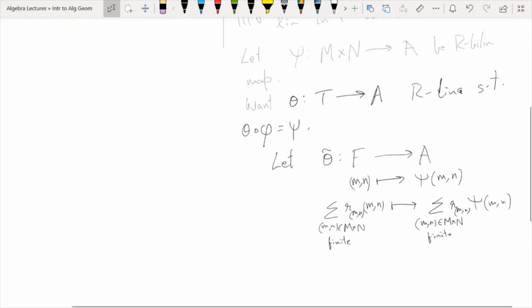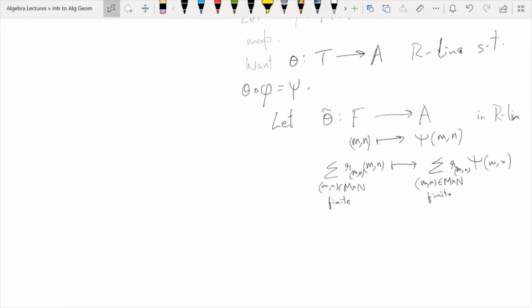So theta tilde is linear, but it's a map from F, not from T. Now note that C is bilinear.